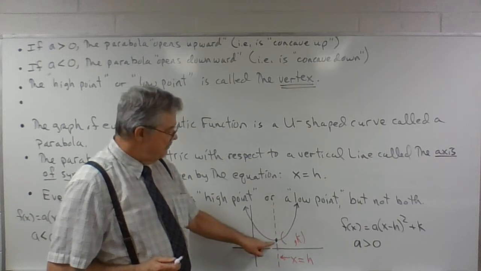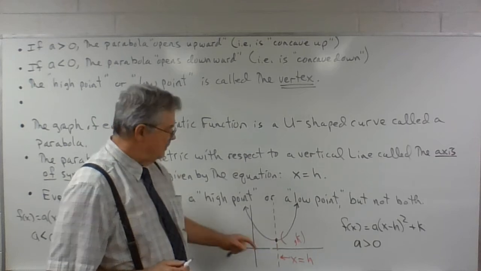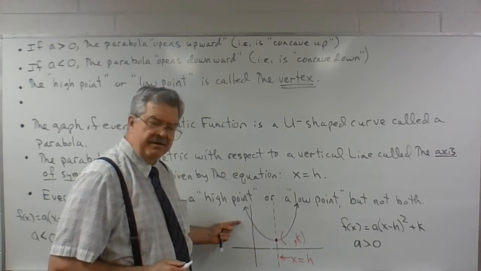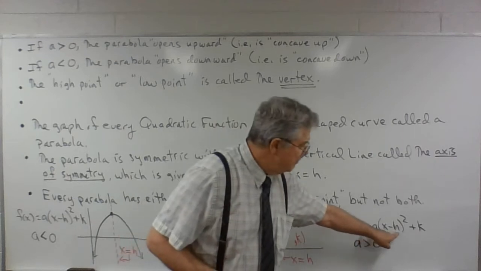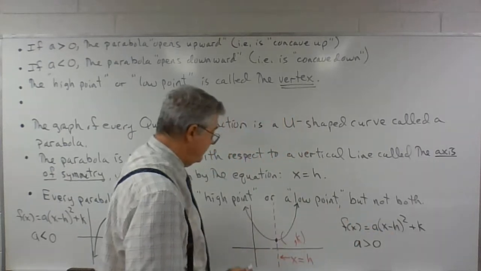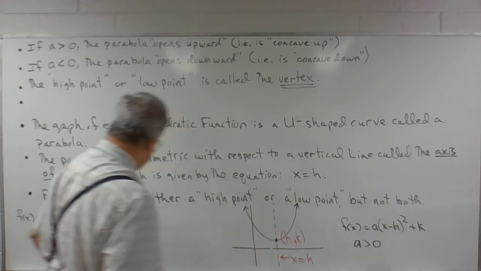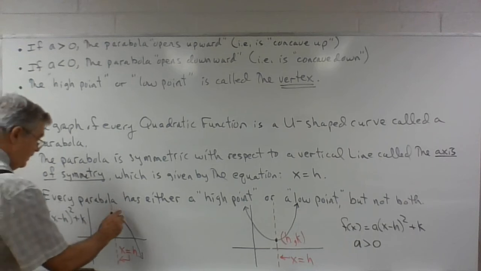And remember, this point originally was at the origin, but we also shifted it right by h units. H is the horizontal shift right. So the coordinates of this vertex are h and k.